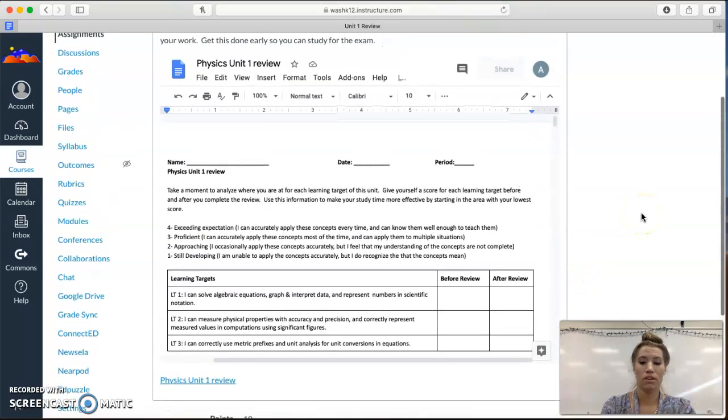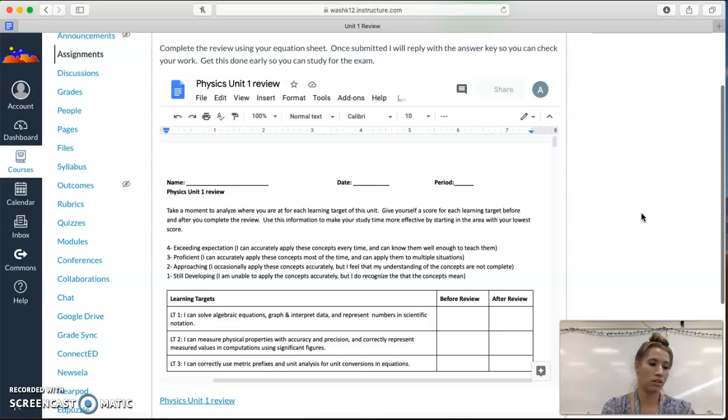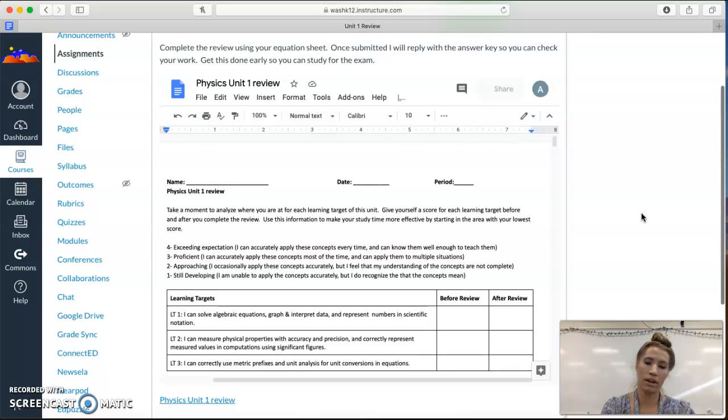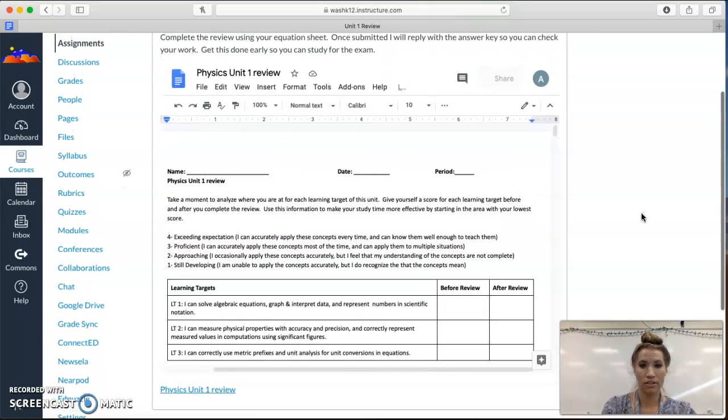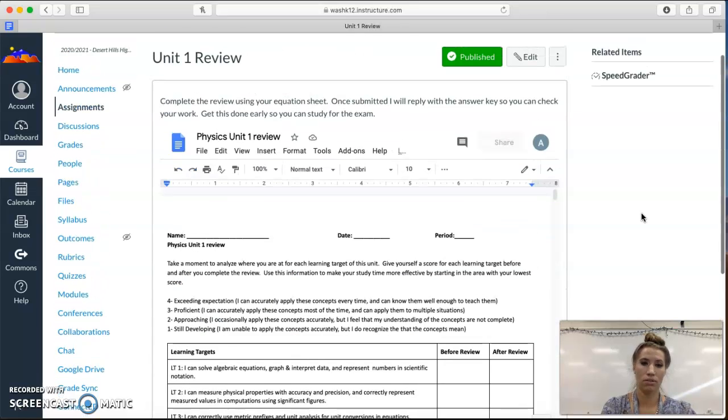So when you turn in the completed review, I will get it graded, and I will reply and include in that grade the answer key to the review. Right? And then the last thing that needs to be completed is the exam.